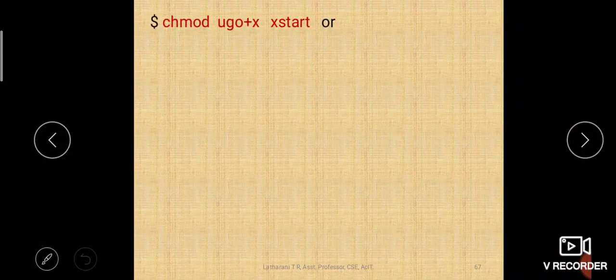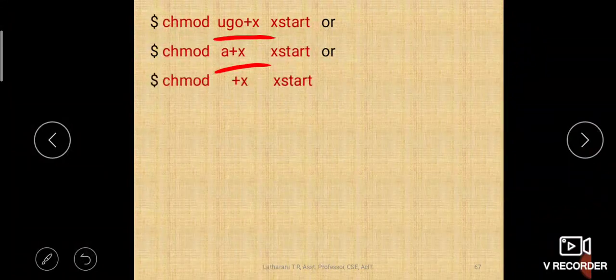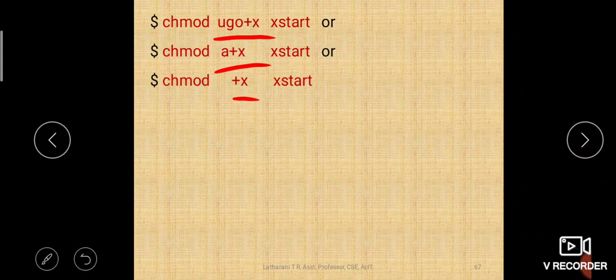See now, as I just discussed, UGO plus X means for user, group and others, you are giving the execution permission. The same command you can write as a plus X. UGO is replaced with a. So UGO can be written as a, all categories of users. Or you can simply say plus X, without a, without UGO. It is also the same.